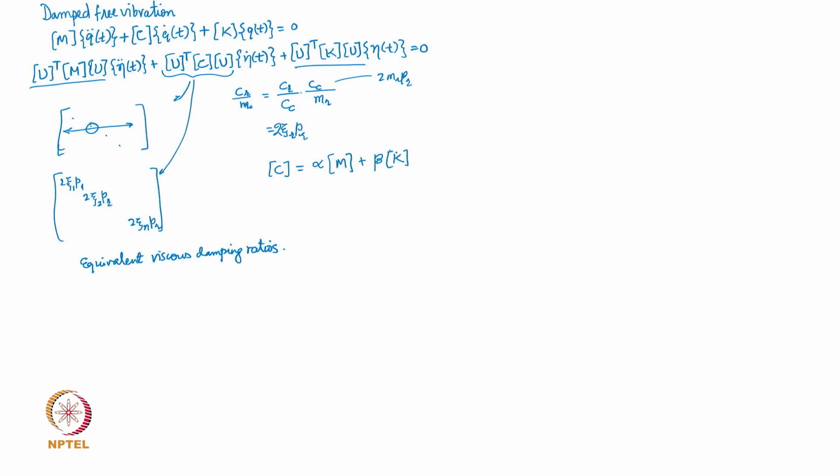Although the damping matrix is not going to yield a decoupled set of equations, we are approximating it as a linear combination of mass and stiffness matrix, where alpha and beta are constants, unknown coefficients to be determined. The moment you force it to be a linear combination of the two, you can then get the decoupling done and solve the equations.